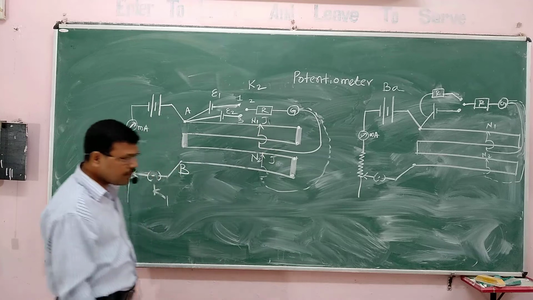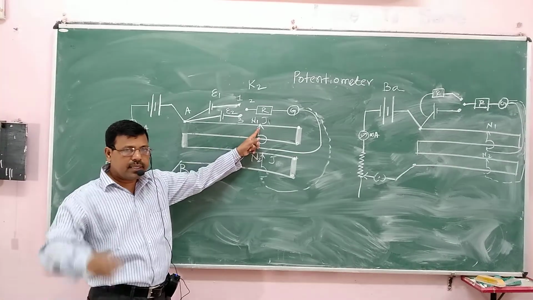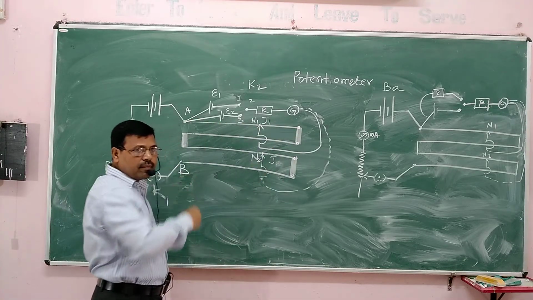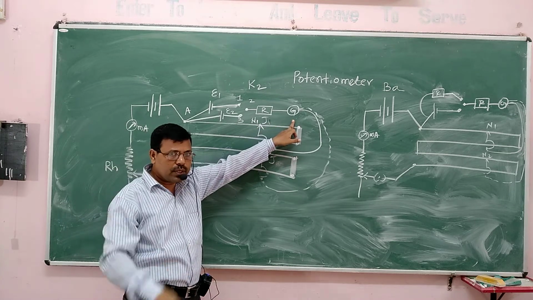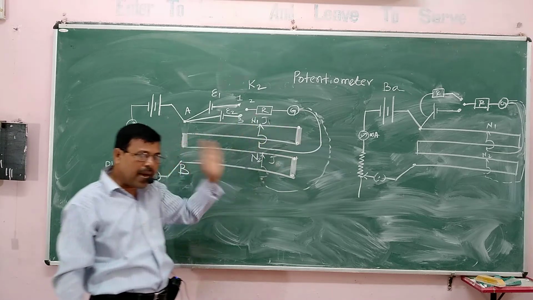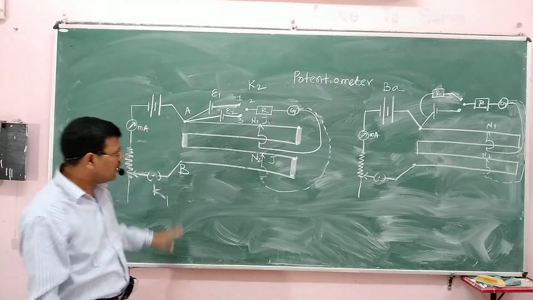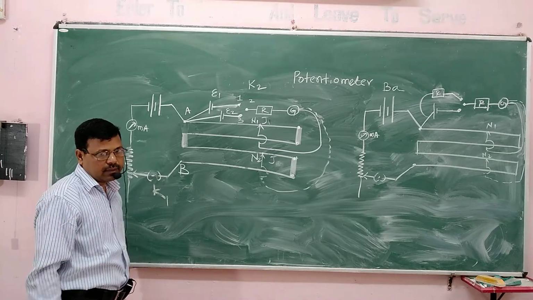Then here there is a jockey. The jockey is slid over the wire. The galvanometer gives null deflection at the balancing point. Now, how do we measure the balancing length?